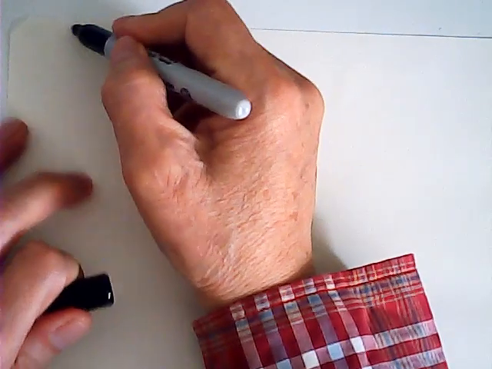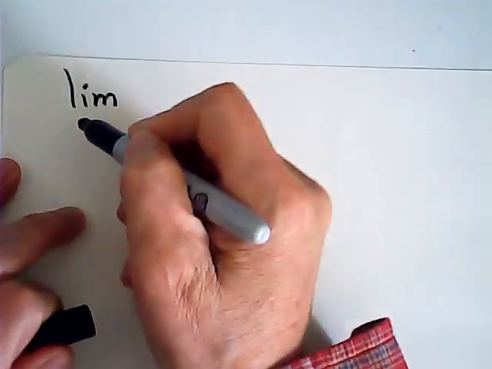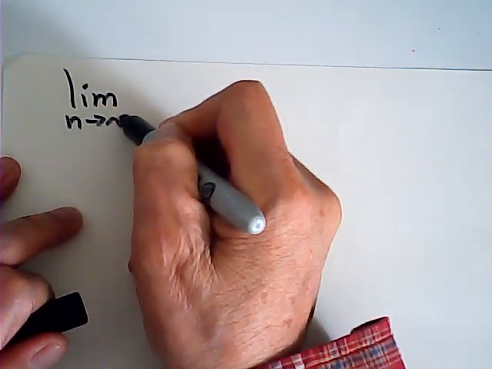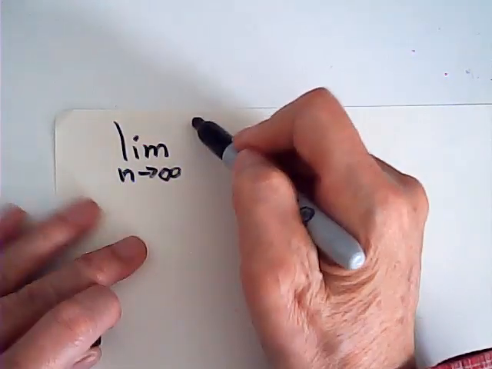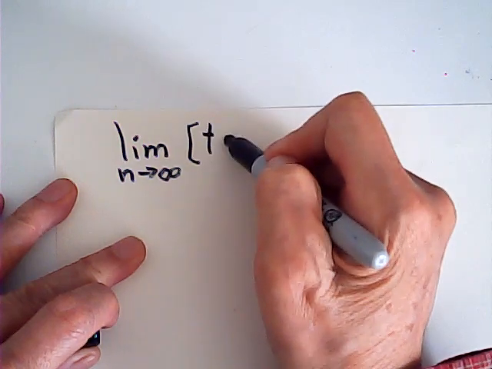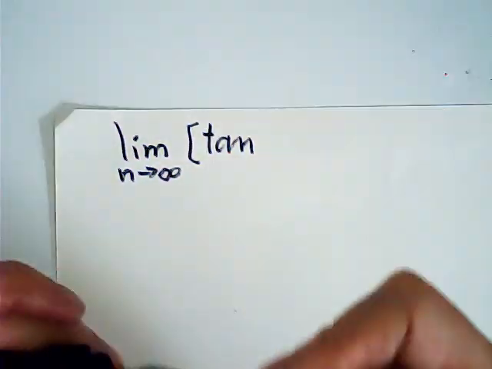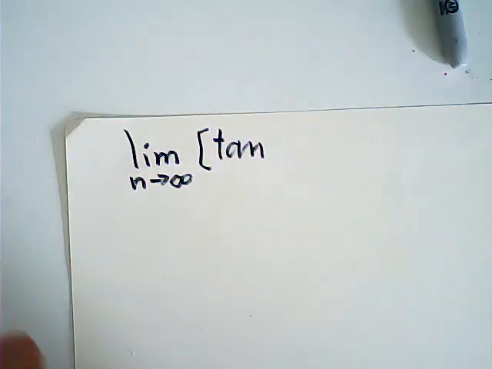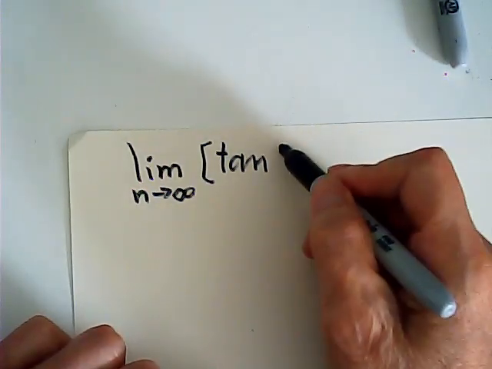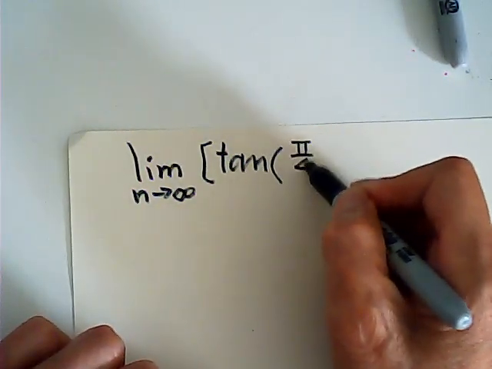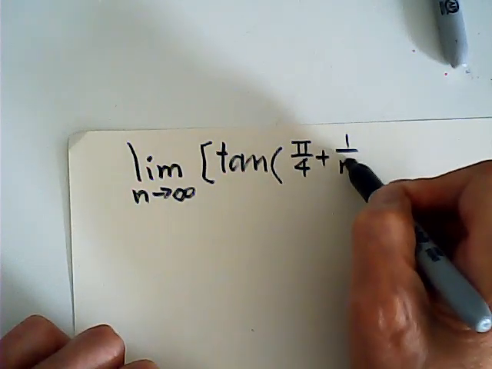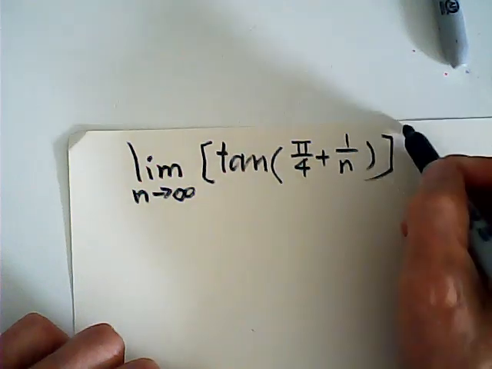Now the second method. This is the limit as n goes to infinity of tangent of quarter pi plus 1 over n, to the power of n.